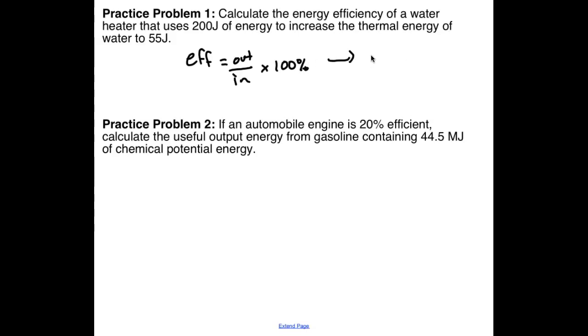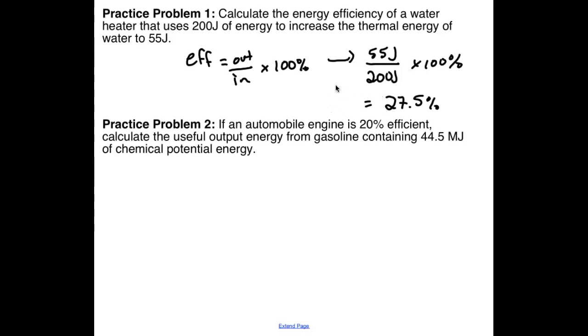So our question would be 55 joules divided by 200 joules, and then multiply by 100%. When you do this in your calculator, I ended up getting an answer of 27.5%. So that's basically how we do this.